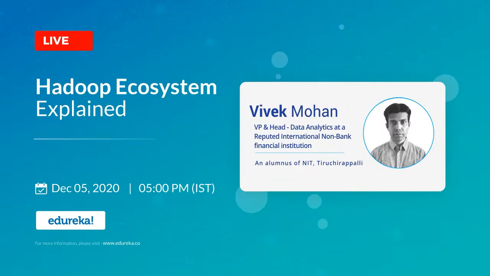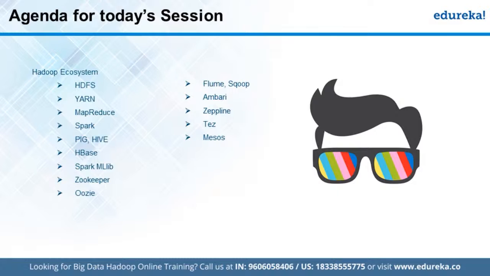I would like to cover a very high-level overview of some of the important components of Hadoop. First we will understand what Hadoop is. Second, we will understand what each component in the Hadoop ecosystem is and what their role is.